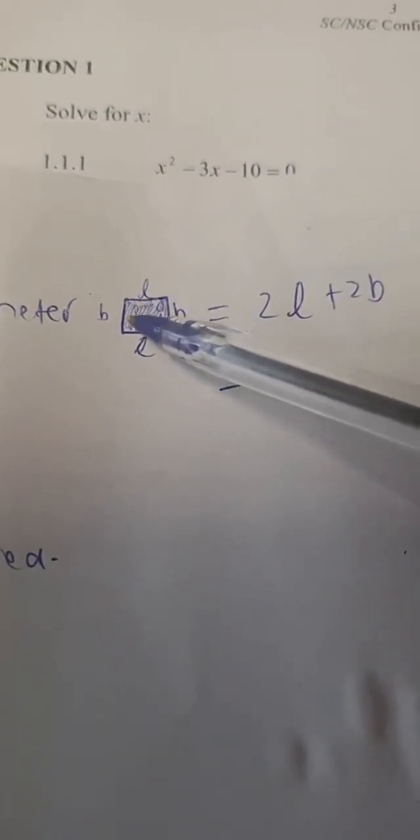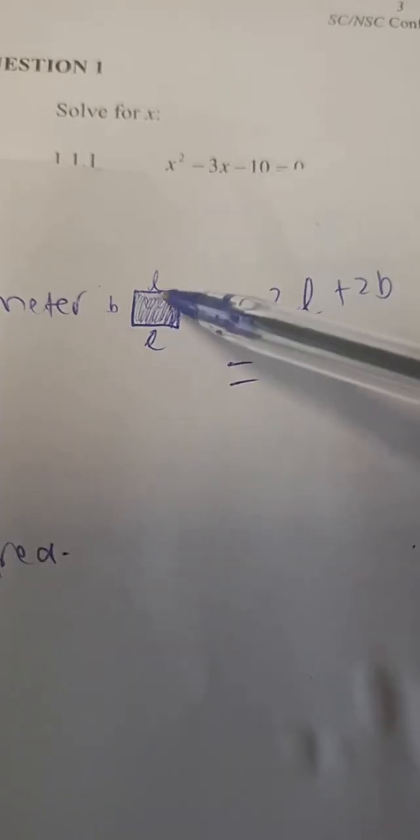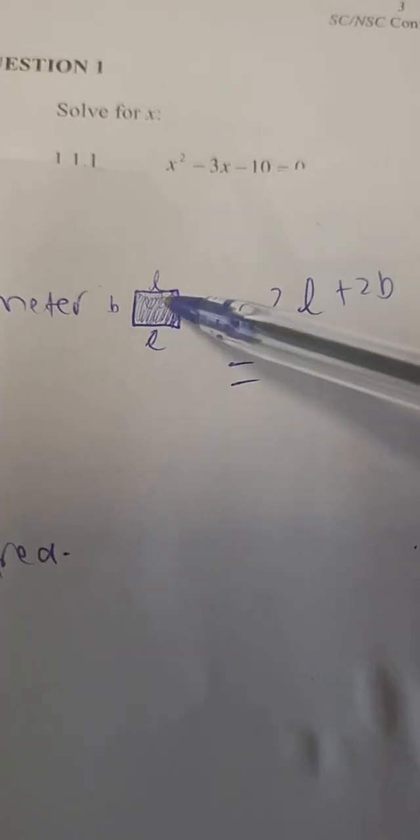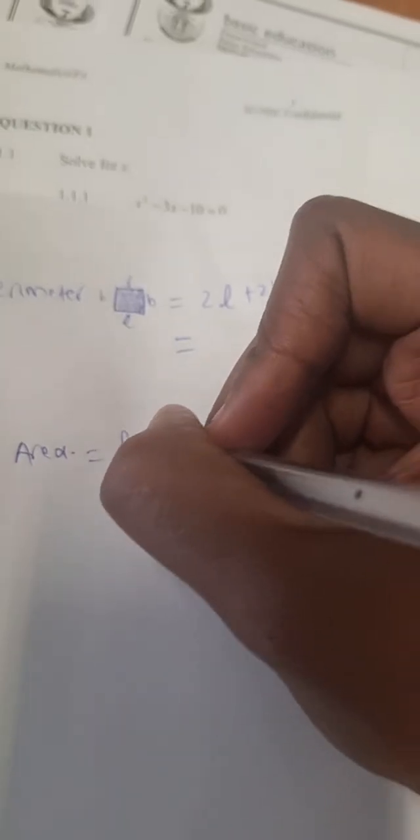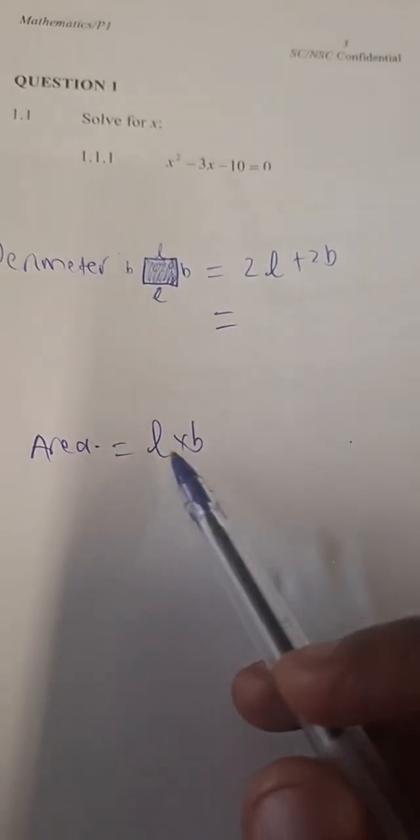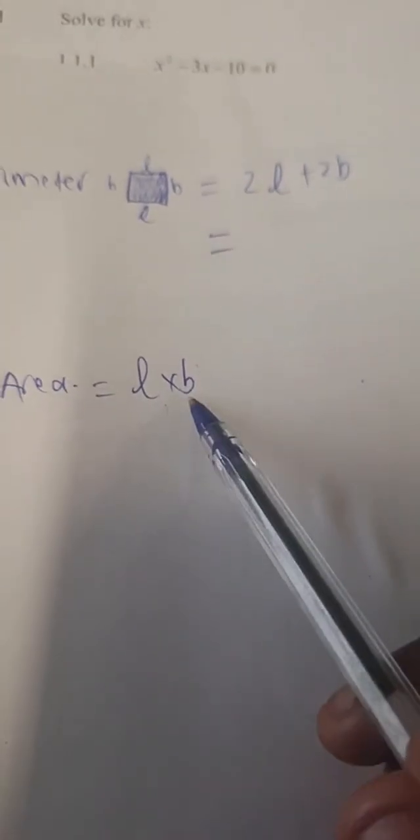The inside space of a rectangle is what we call the area. It is the length times the breadth, because when you multiply the length and the breadth, you will get your accompanying square meters.